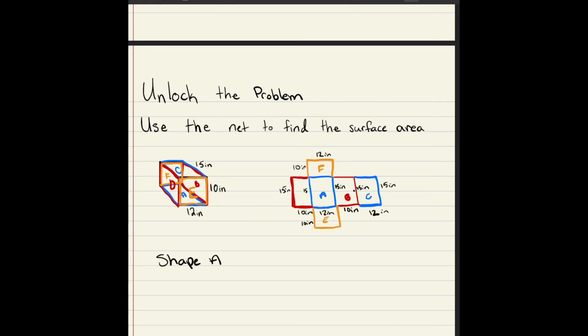So I'm going to start with shape A, which, instead of saying shape, let's say face, because it is a shape, but a better description of it would be face. So face A's dimensions are 15 by 12, and it's a parallelogram, so the area for a parallelogram is base times height, and we're going to use that for all of these. So now I have 15 times 12.